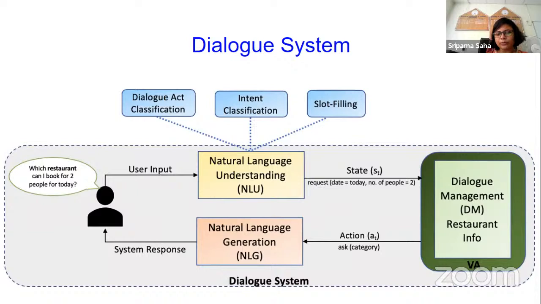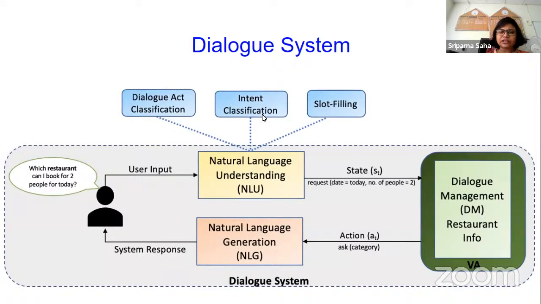This category could be question, greeting, statement, comment. I will show you in detail. There could be many possible categories. Mostly machine learning and deep learning classifiers are used for developing dialogue act classification, and it detects the type of the utterance. For example, here it will detect that this is a question.